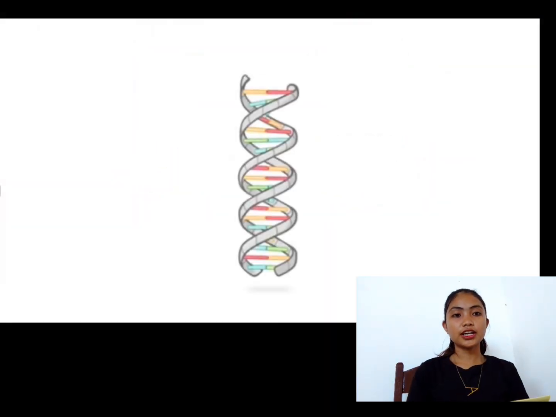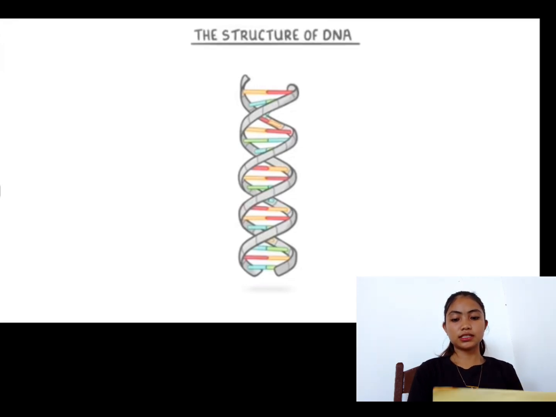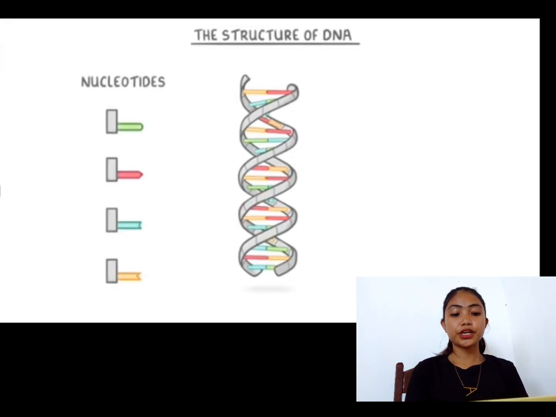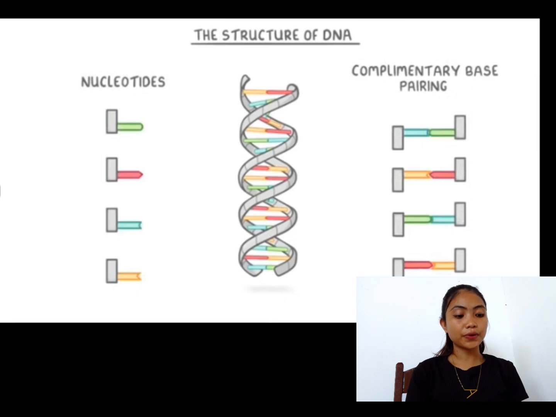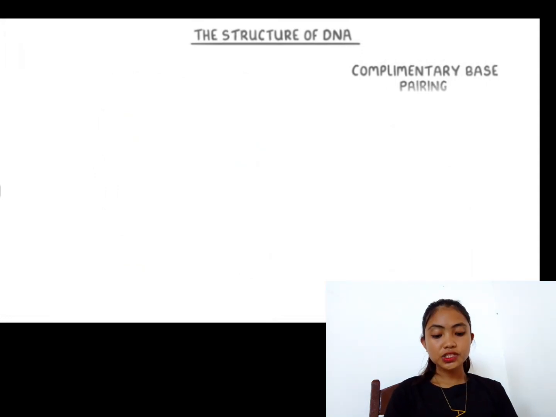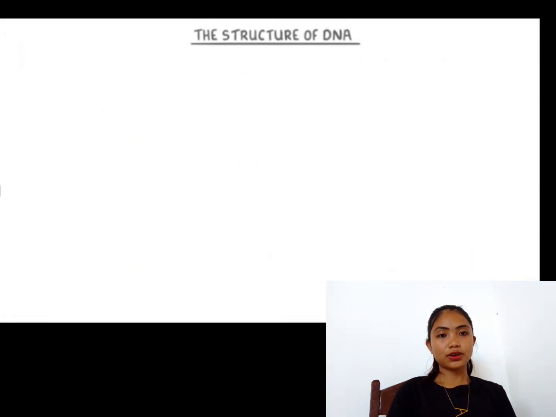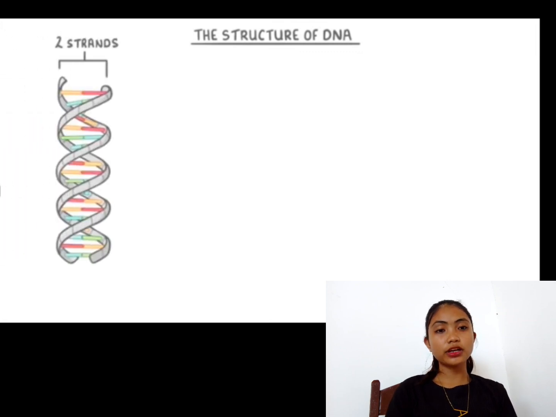So, our next topic is all about the DNA double helix. DNA is made from two strands that are wrapped around each other in a twisting shape that we call a double helix. To understand the rest of the structure, though, let's take just one of these strands and show it as a 2D diagram, as though it's been untwisted and laid out flat.